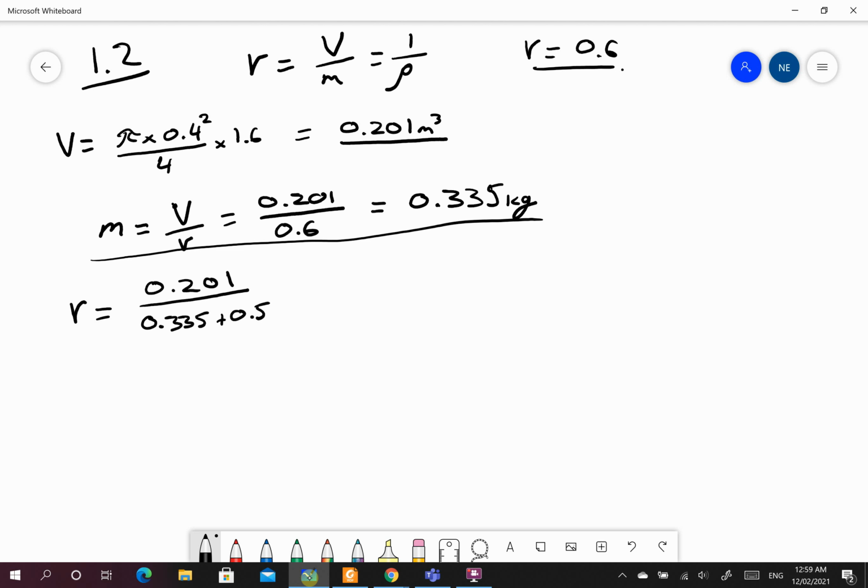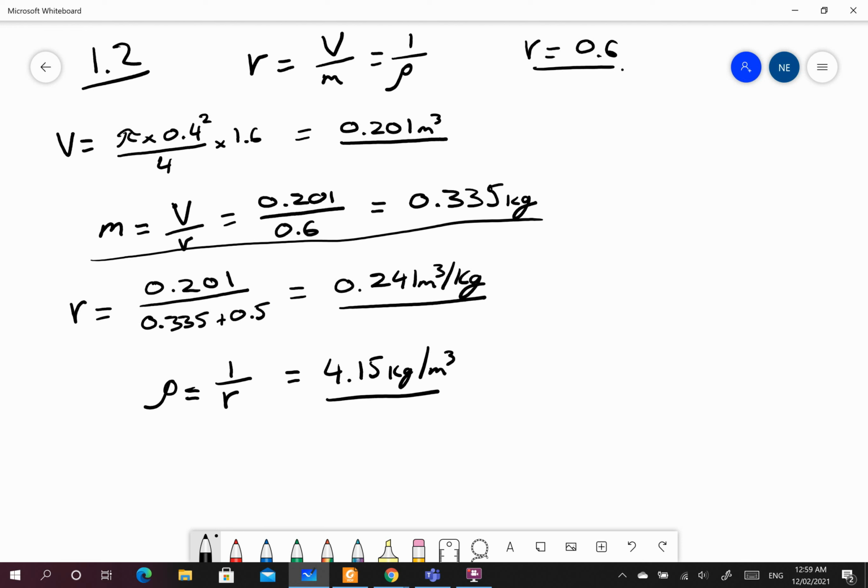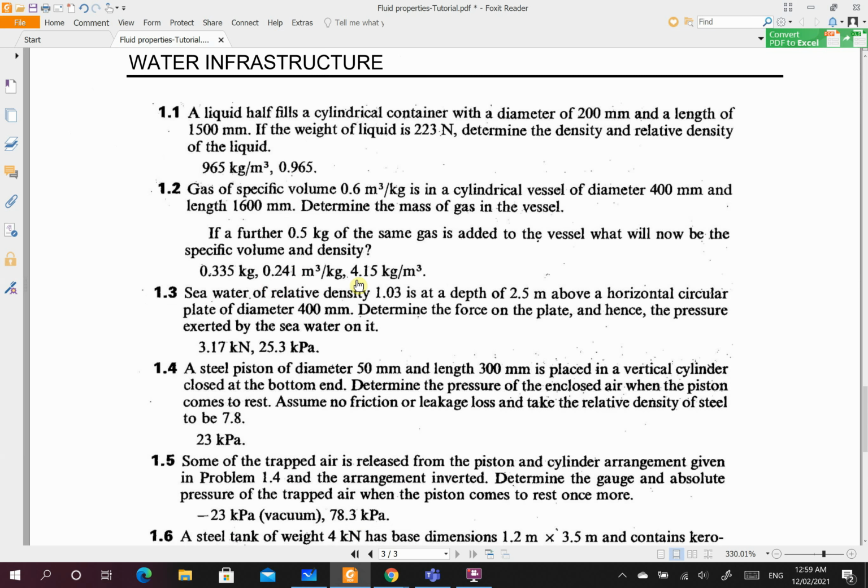This here comes from the question, which is quite simply 0.241 meters cubed per kilogram. Now work out the density. So density, or rho, is equal to 1 on this one, which is equal to 4.15 kilograms per meter cubed. So this one here and this one here.